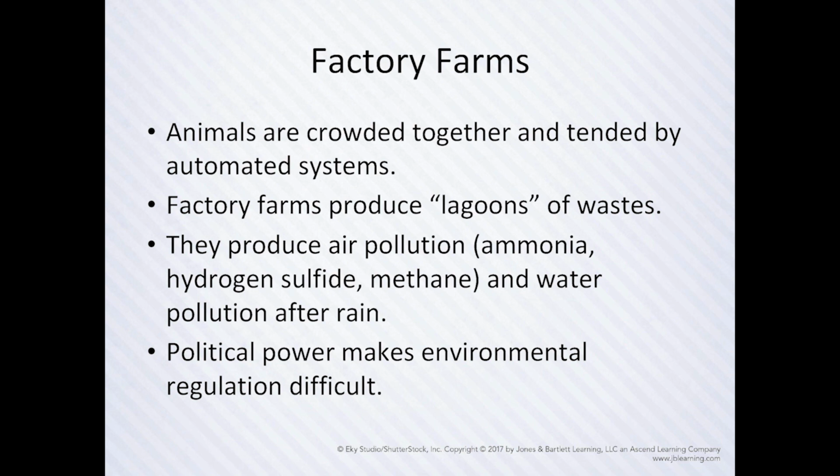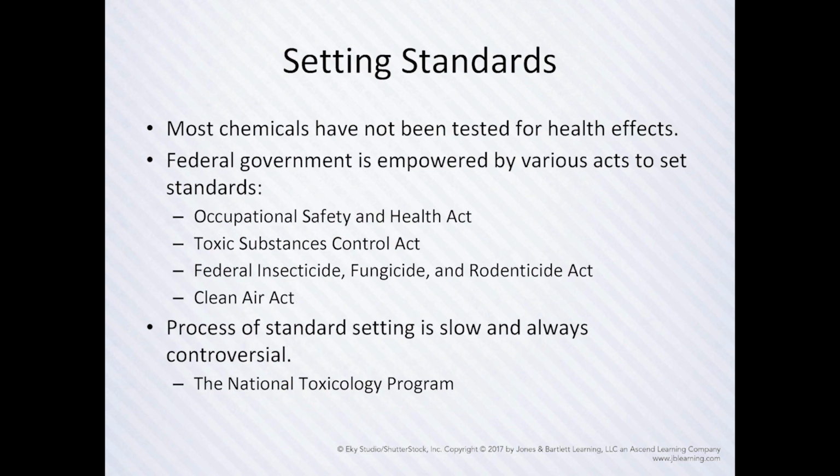When rain does occur, water pollution can occur, but it's hard to control these things because of the specific environmental regulations and political power in the regions. These factory farms also produce multiple occupational hazards to workers.